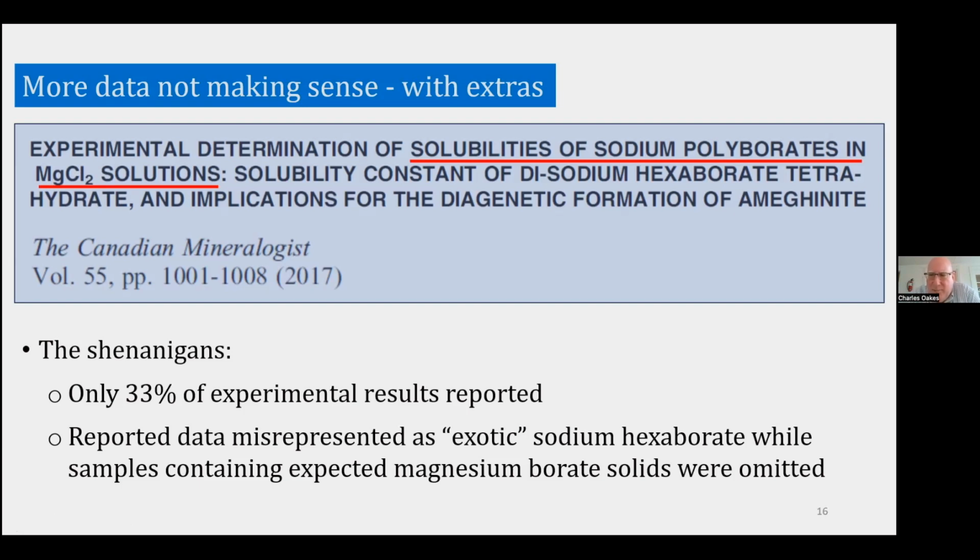Because magnesium borates tend to be less soluble than the sodium borates. So just a first intuitive thought would be the title itself does not make sense. And so that's what I thought.